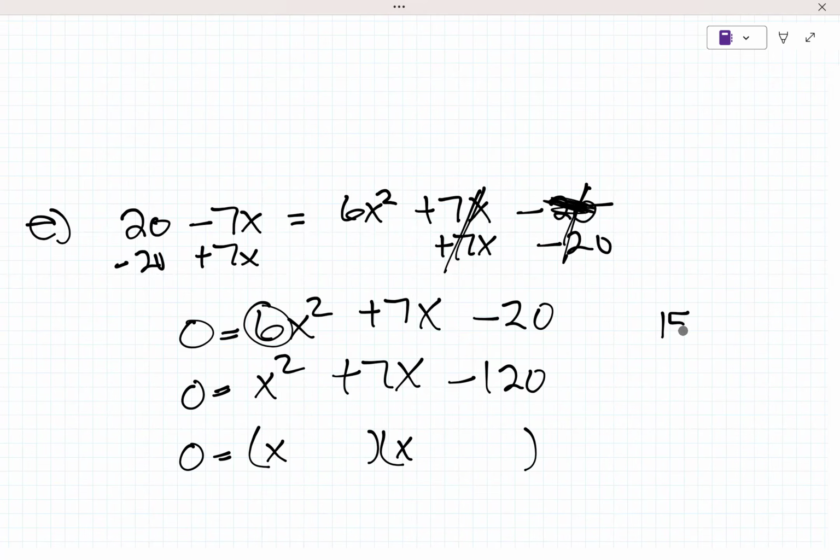I will definitely use 15 and negative 8, because 15 times negative 8 is negative 120, and 15 plus negative 8 is 7. Plus 15 and then negative 8 there.